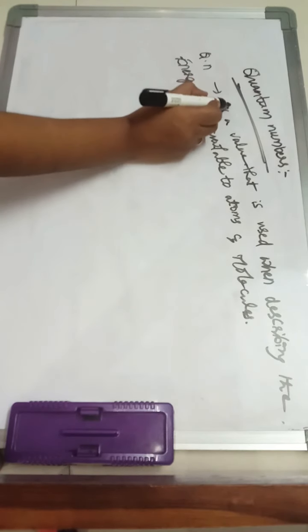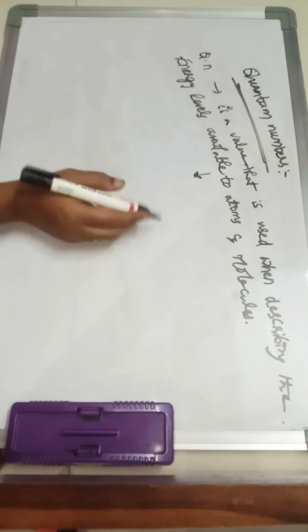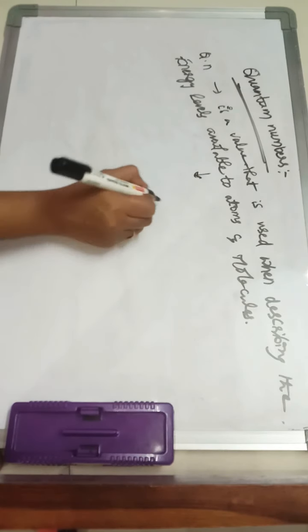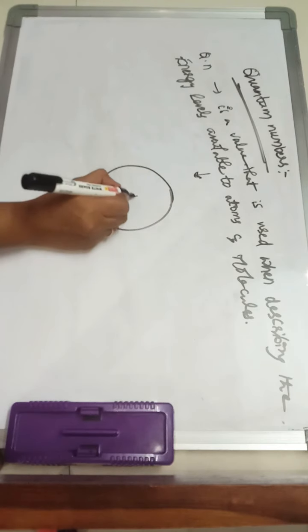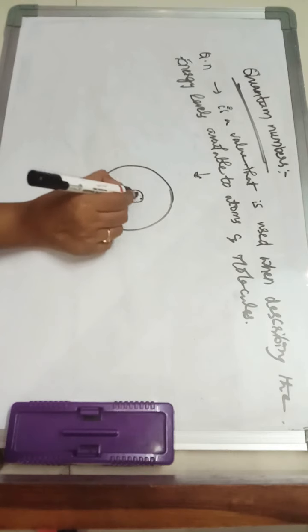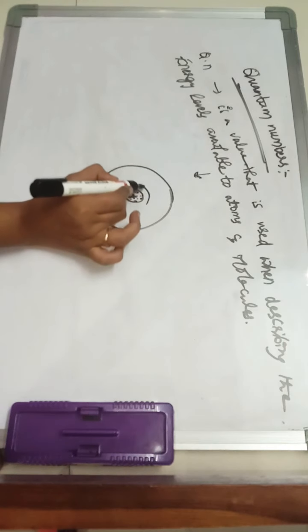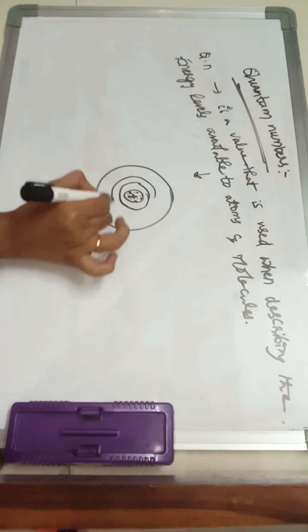I simplified it in a diagram. I already discussed that the atom has the nucleus at the center, having positive protons and neutrons, and it has energy levels.